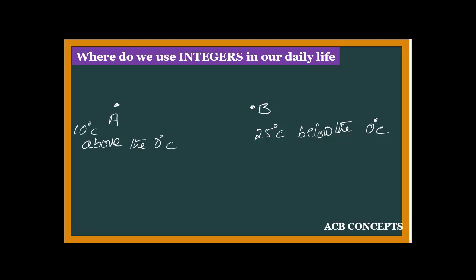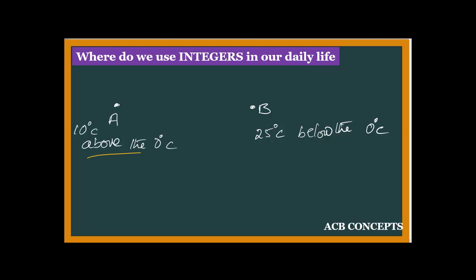Here two places are there. At place A, how is the temperature? 10 degrees centigrade above 0 degrees centigrade, and at place B, 25 degrees centigrade below 0 degrees centigrade.